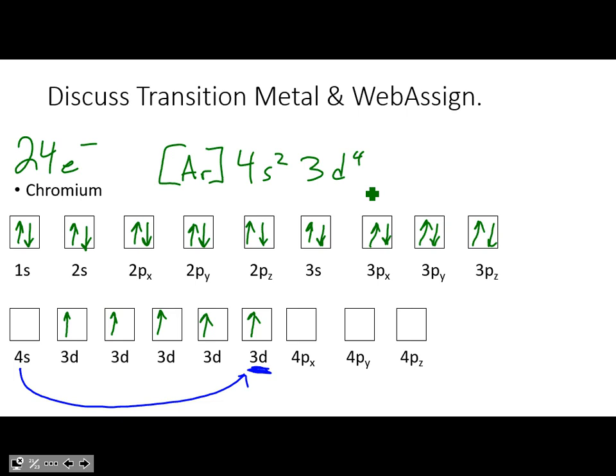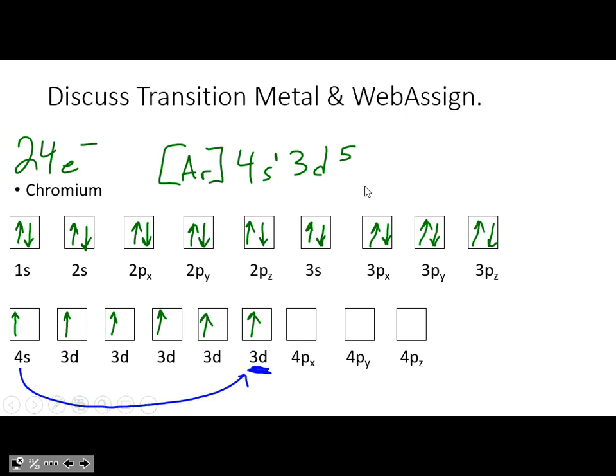All right? So, when I write my electron configuration, I'm going to have 4s1, 3d5. Once again, the transition metals. Now, find another one.